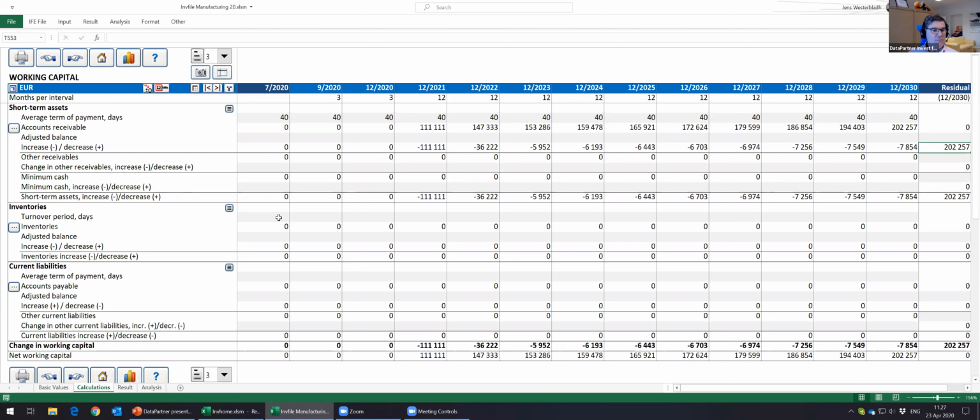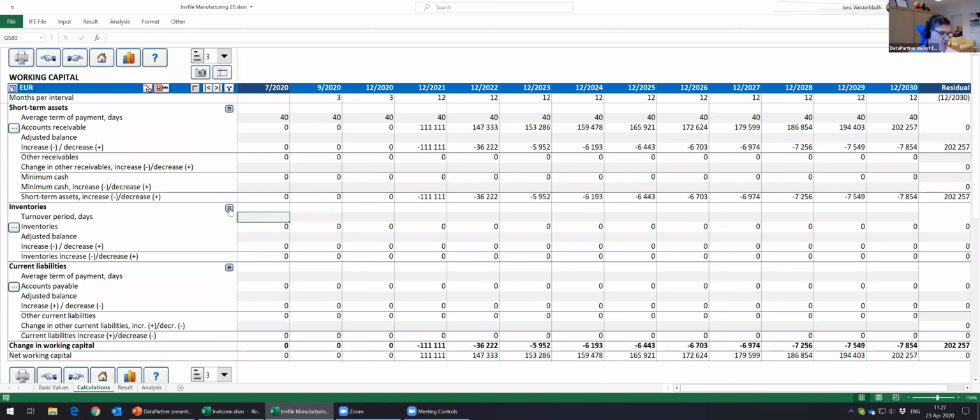Then inventory. So, okay, this is a little bit more complex in this case. I mean, if I just have the cost of goods sold, then I just enter this, but I can also specify.